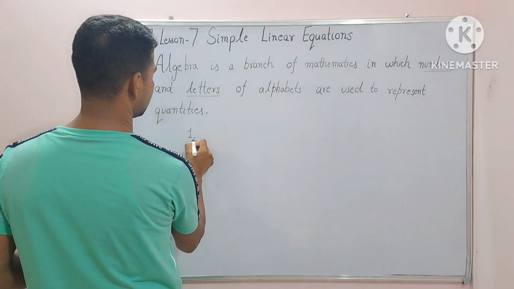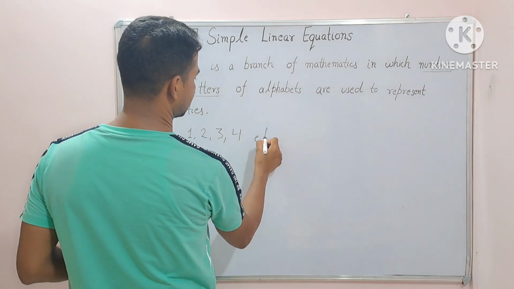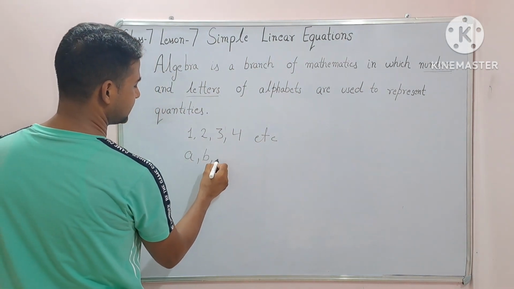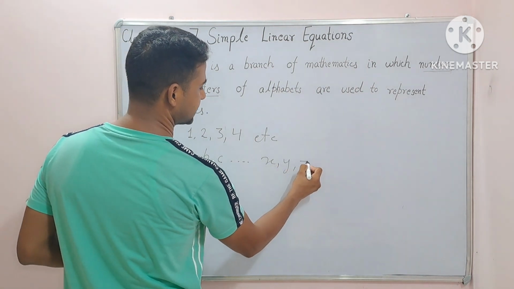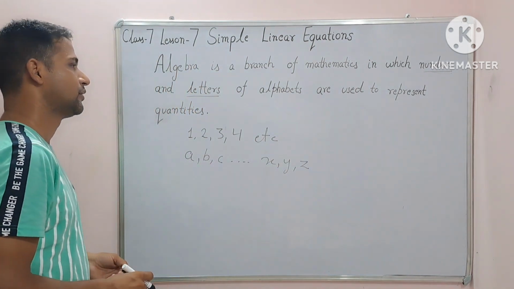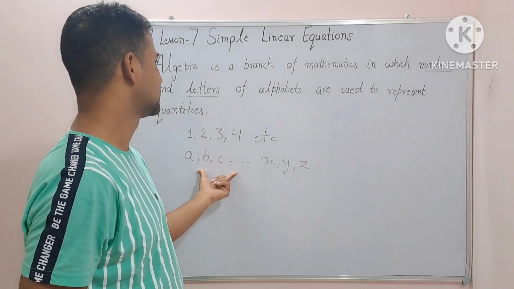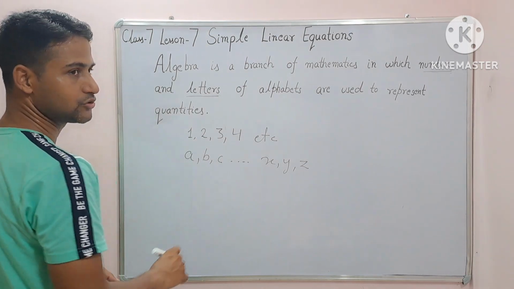Numbers are 1, 2, 3, 4, etc. Letters are A, B, C, X, Y, Z. We use numbers and alphabets to represent quantities. Have you understood?